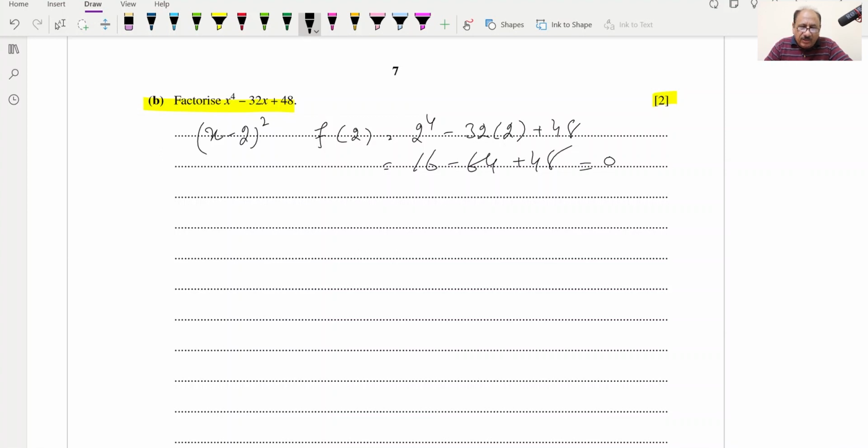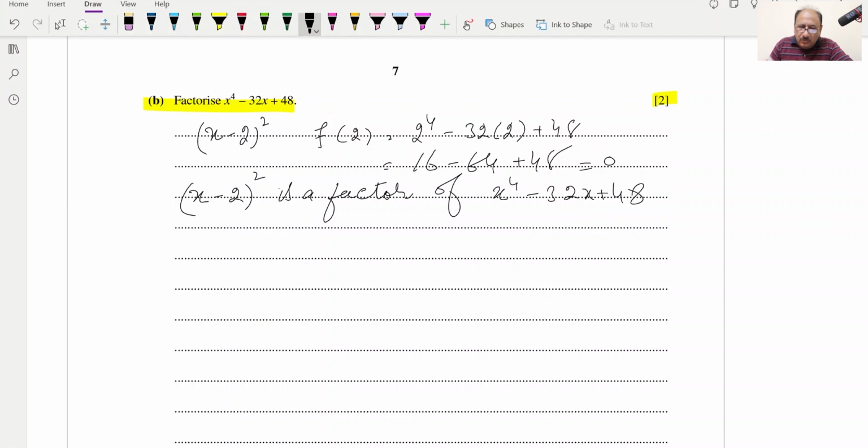So by the factor theorem we can say that (x − 2)² is a factor of this given equation, which is x⁴ − 32x + 48.